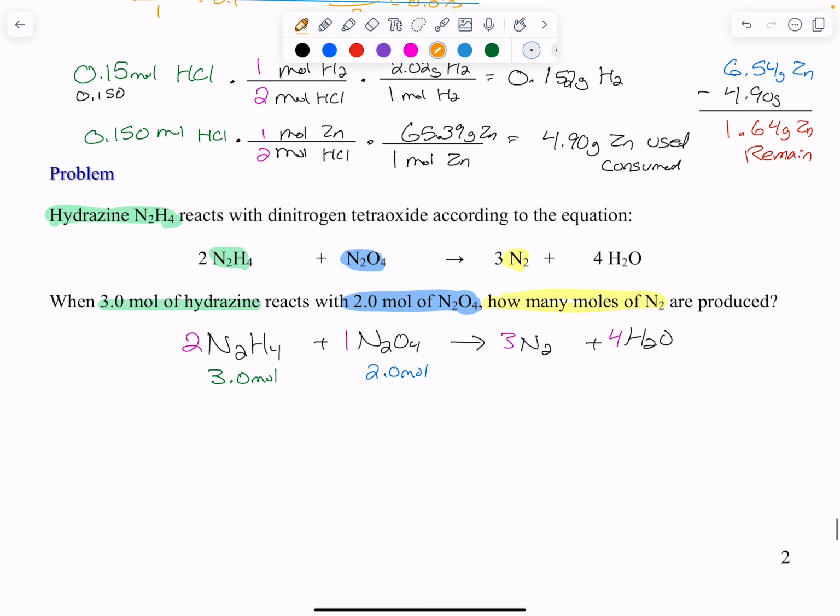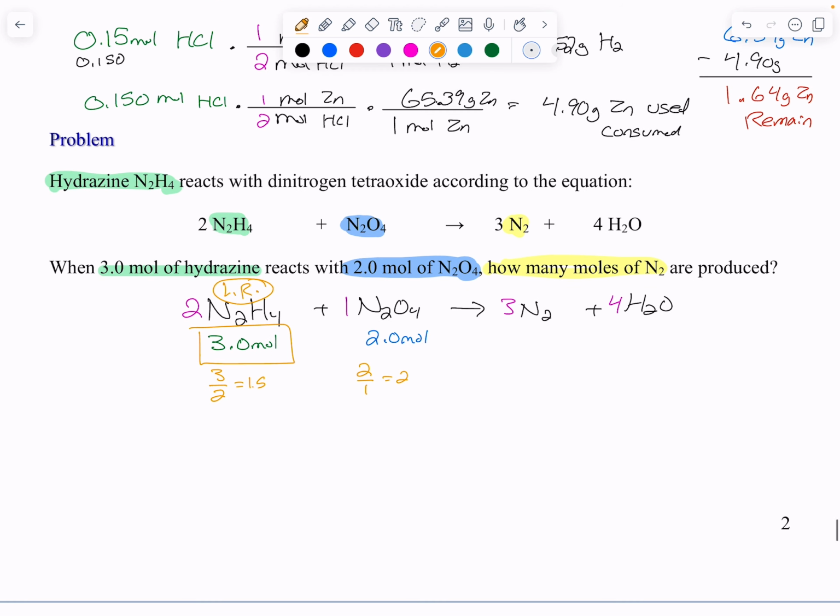I like to do that. Do you need to rewrite it? No, but I like to do it. So 3 divided by 2 is 1.5. 2 divided by 1 is 2. So that means we have a limiting reactant right here of hydrazine. And we start with that number. And we just want moles. So we're going to start with 3.0 moles of N2H4.